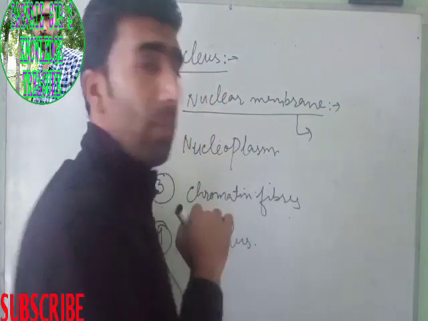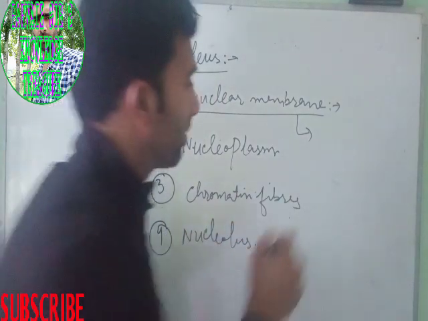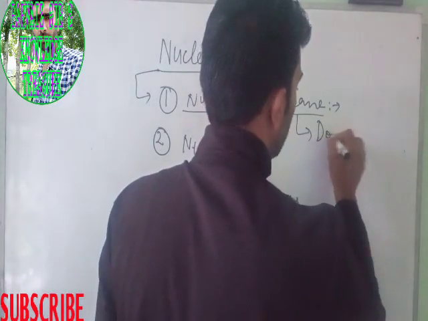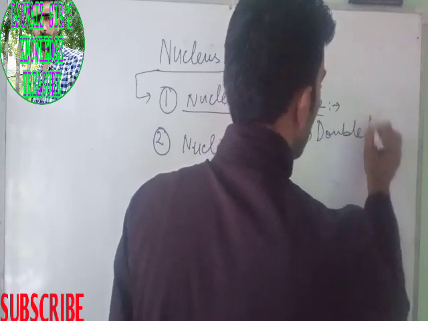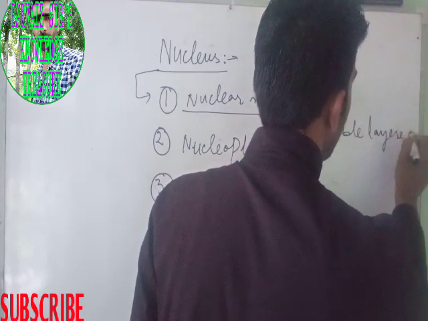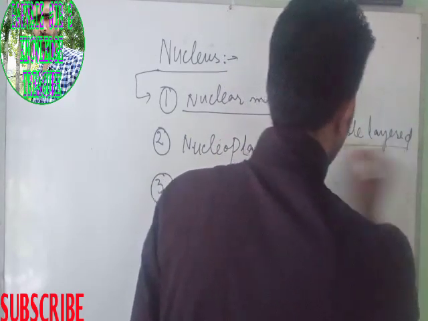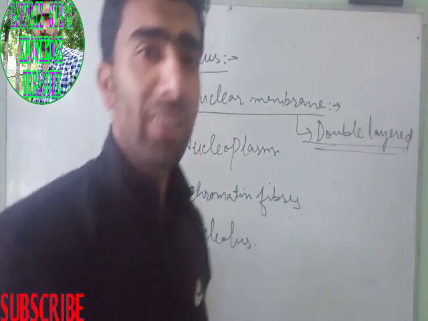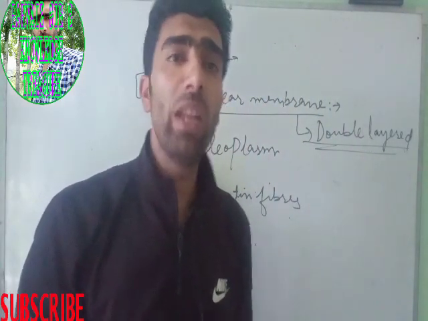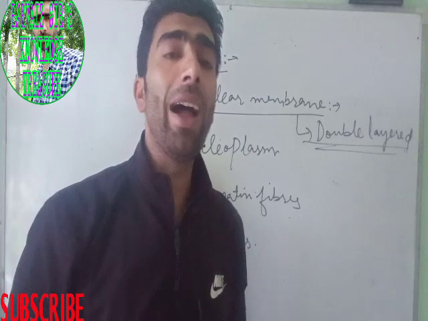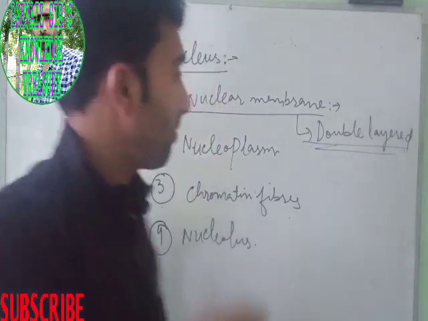Now this nuclear membrane in a cell is double layered. Double layered means it is made up of 2 layers. And between these 2 layers is present a fluid which is mainly made up of fat droplets.